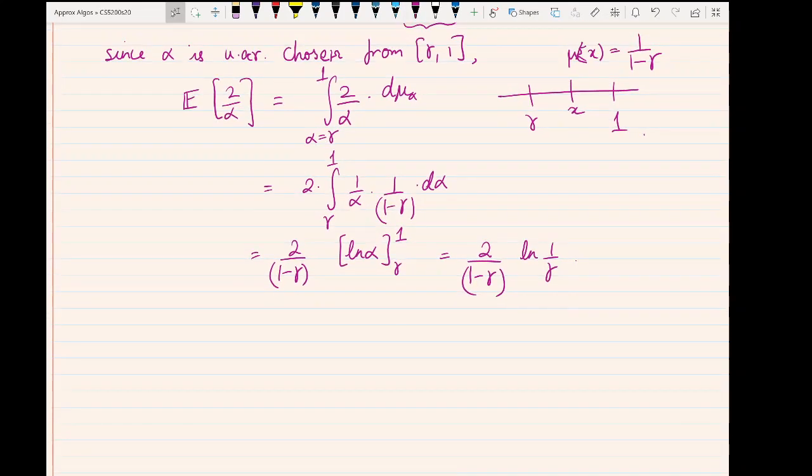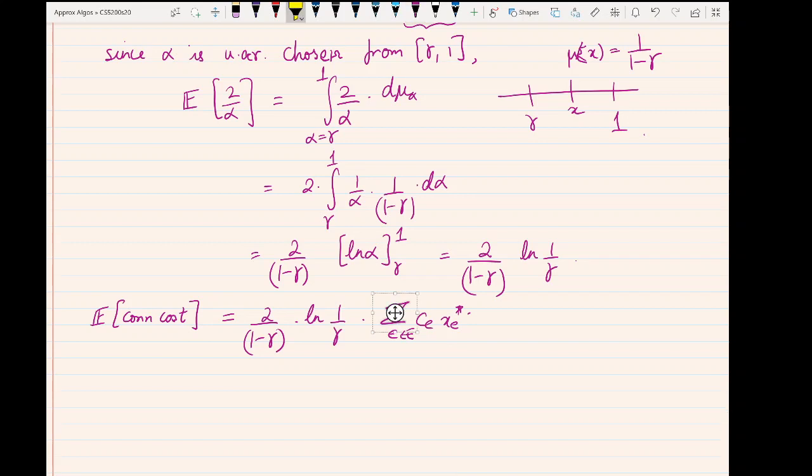Sorry, continuous expectation. Okay, so now the expected value of the connection cost that we incur is therefore equal to 2 over 1 minus gamma times log 1 over gamma times summation over e. And notice what you have gained here.